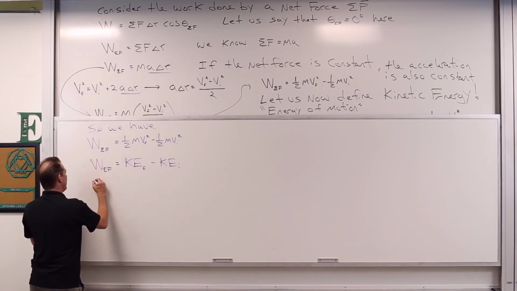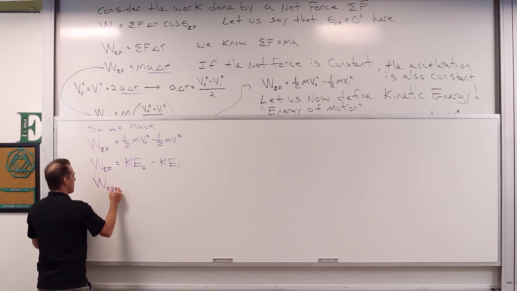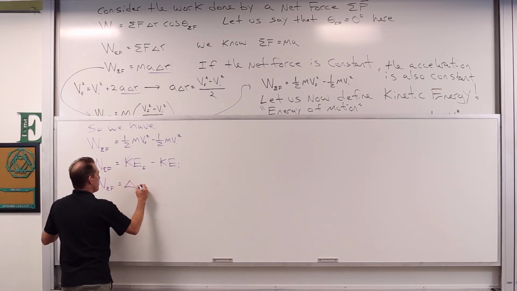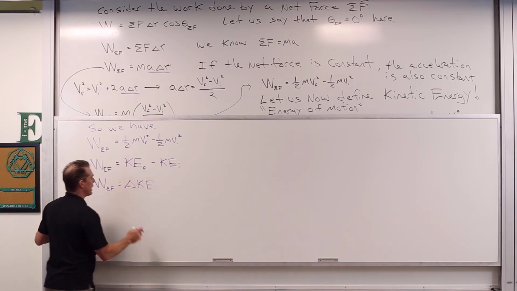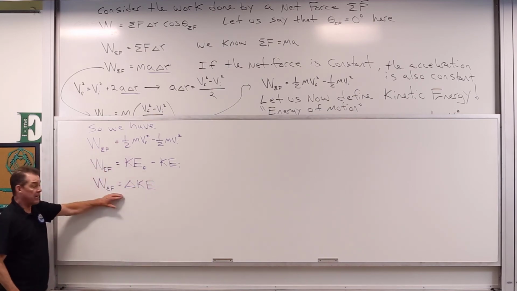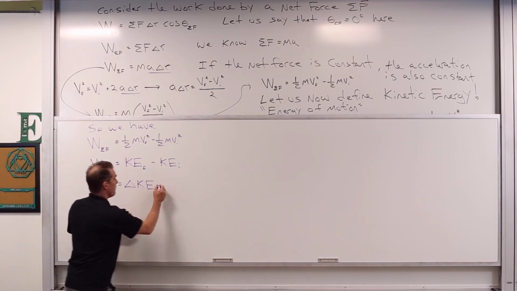And what can we do with that? Ultimately, we can say that the work done by the net force produces the change in the object's kinetic energy. This is known as the work energy theorem.